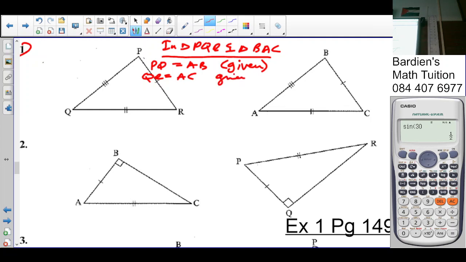Given. Then PR is equal to BC. Given. And this is enough to conclude congruency here, not so. So therefore triangle PQR is congruent to triangle, so we go P going through the line mark 3 and then 2, so it must be BAC. The reason? Side, side, side. We use 3 sides. Okay.